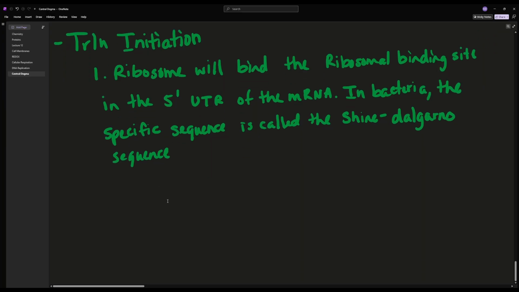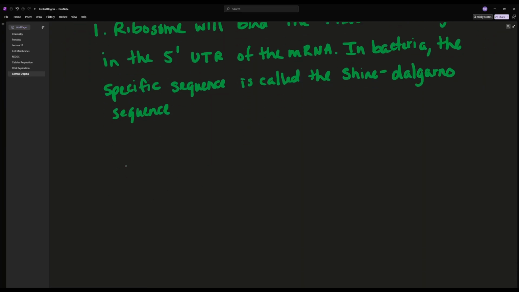Okay. So if we were to sort of draw this out, we have a 5' end, then within the untranslated region, so this is before translation begins, we are going to have our ribosomal binding site. And then finally, we're going to have our translation start. Going to have some amount of our protein being translated, and then we're going to reach our translation stop.